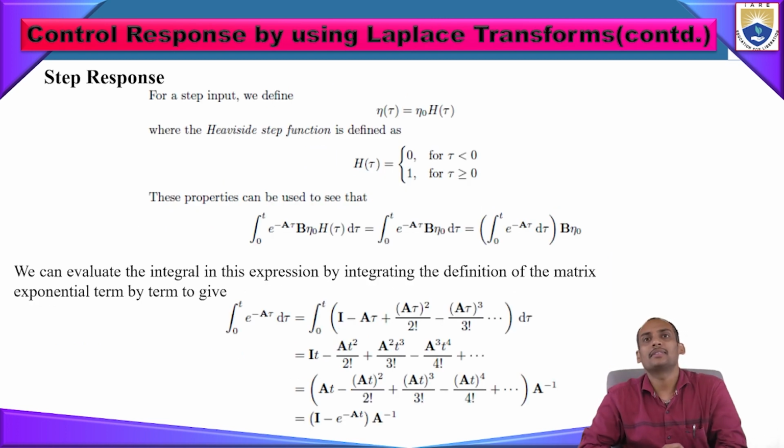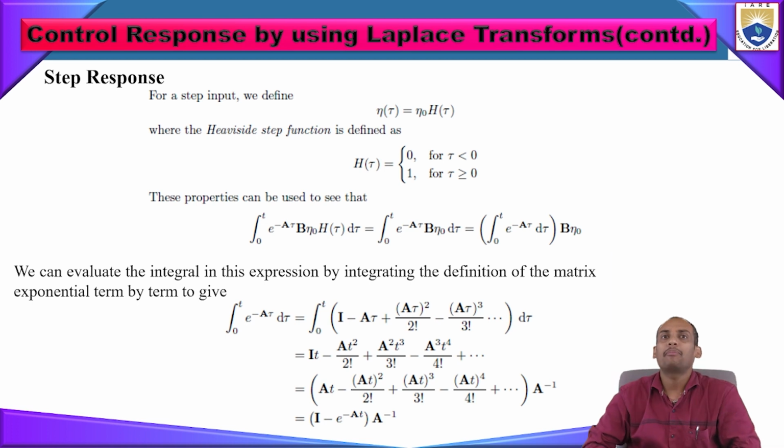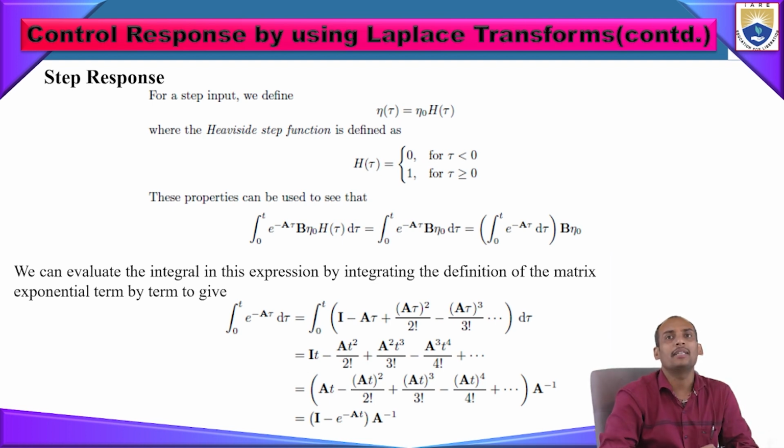Okay, next is the step response. The step response is the same equation, where eta of tau will be eta naught into h of t, the Heaviside step function h of tau.